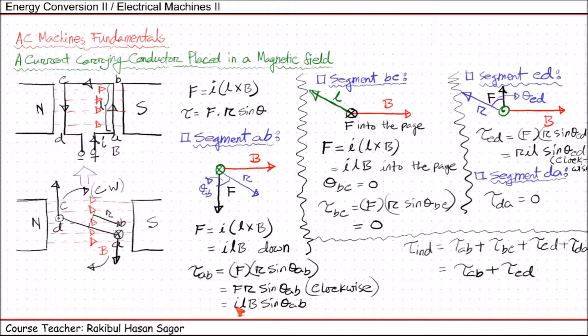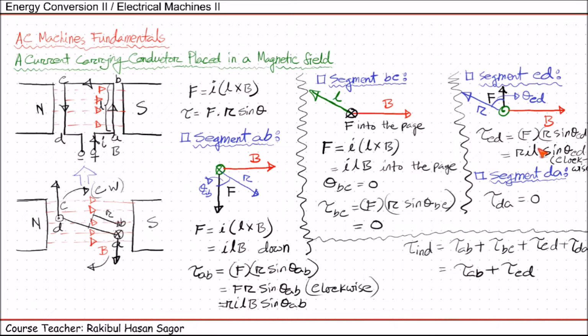Here tau AB equal to ILB. Oh, I forgot to write R here, because F equal to BIL, as we have got from here. Let me put R here. So it's RILB sine theta AB. Here it is RIL.